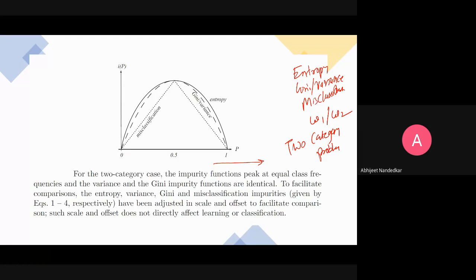On the x-axis, the probability of say omega 1 is varied from 0 to 1, and on the y-axis the entropy, Gini and misclassification index are plotted.